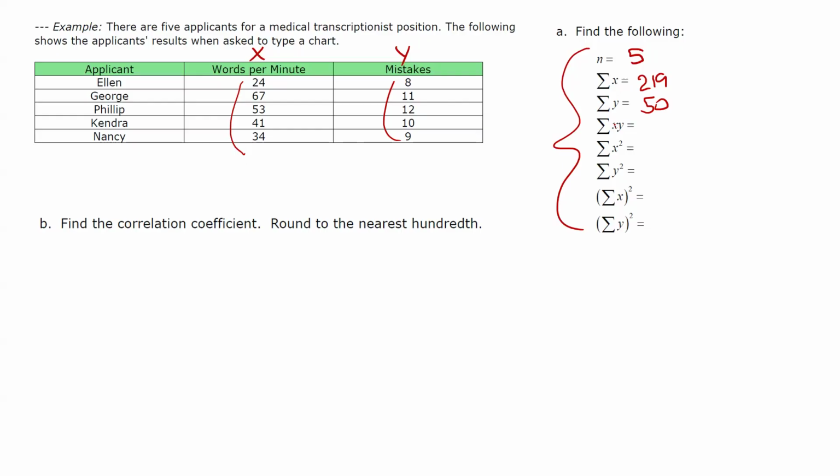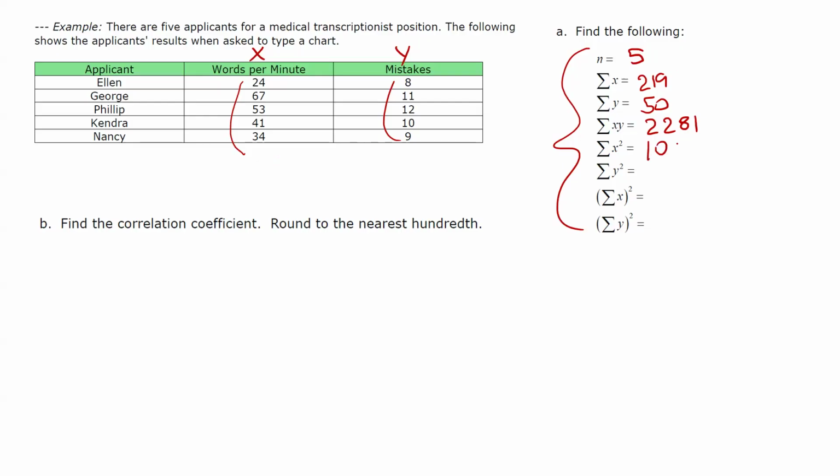Then we will take our x times our y and then add up all of those numbers together. And we will then get 2,281.